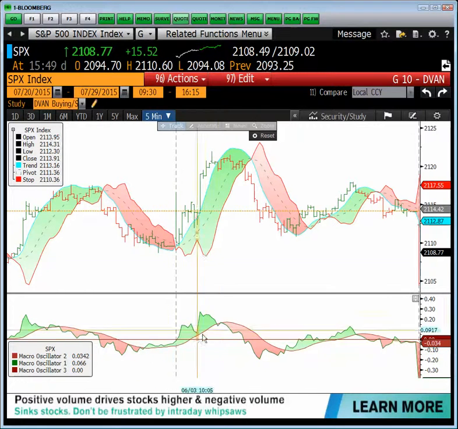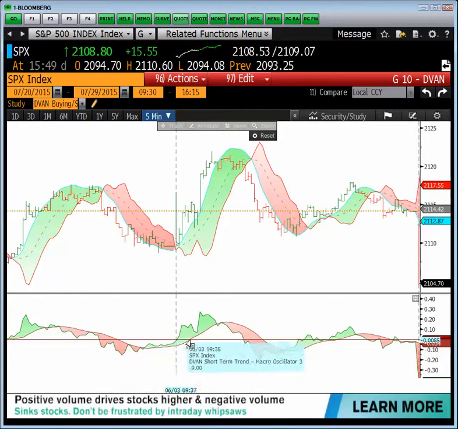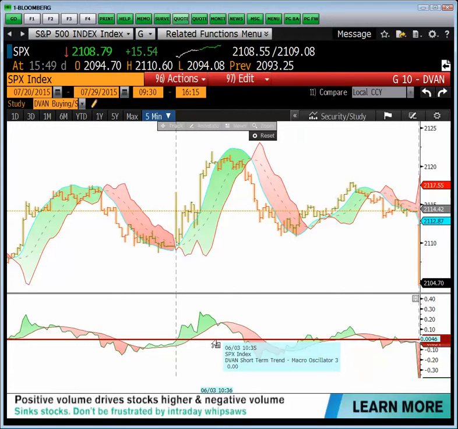And as you can see here, when the red shading occurs, this is a good place to get out of a long trade. When the green shading occurs, this is a good place to get out of a short trade. Also note, there's a zero line running through the short-term trend study. We'll look at other indicators later, but this is a good confirmation tool to use in entering a trade.